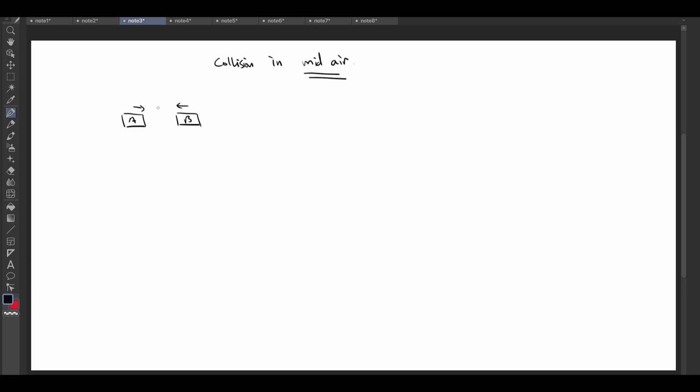So why can we neglect external forces such as the gravity, MAG, MBG? We're in the process of collision. These two forces are still acting on A and B, so also the external. So we should account for that contribution to the impulse.